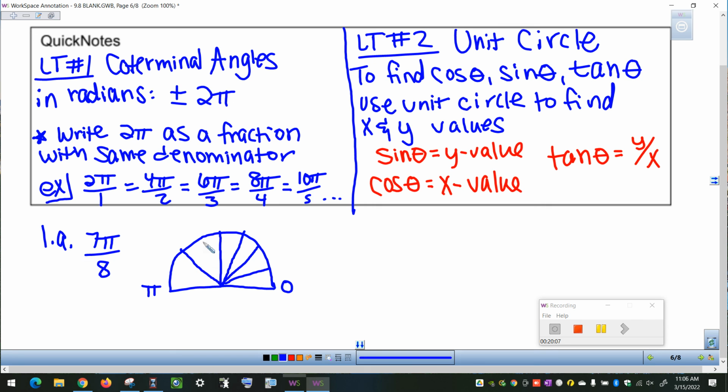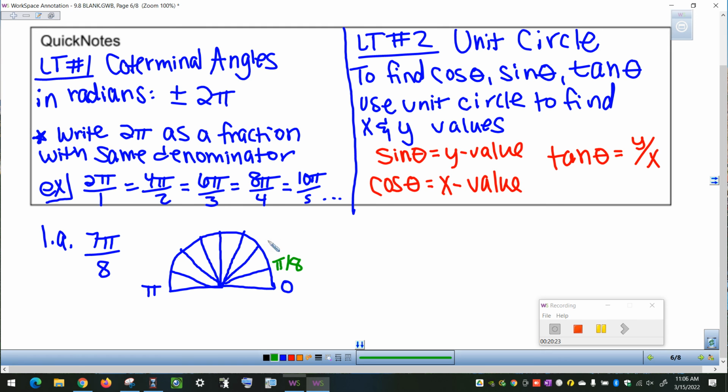If we do the same thing over here in the second quadrant, these lines would not line up with our unit circle lines. They would be a little bit off, but it gets us to that denominator of 8. And so one of these lines is going to be 1/8 of the way to get to pi, and so it would be pi over 8.